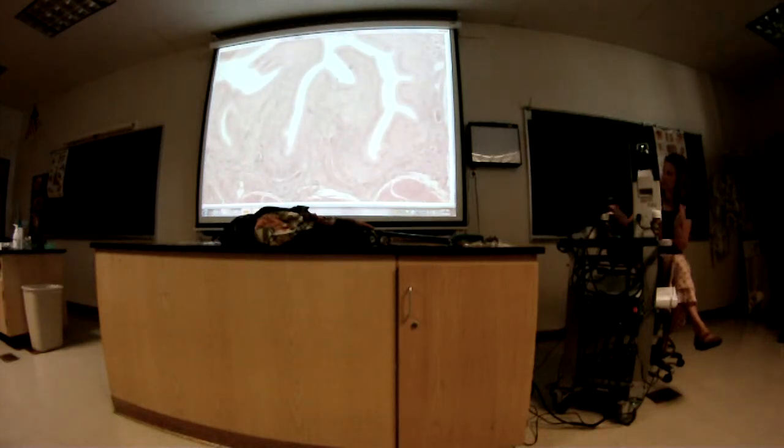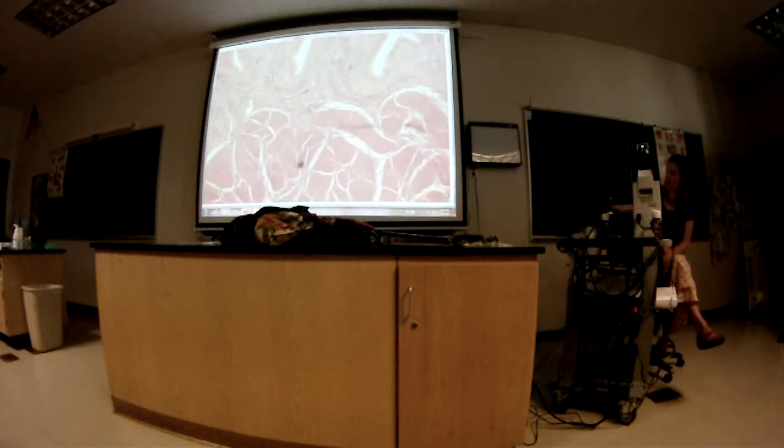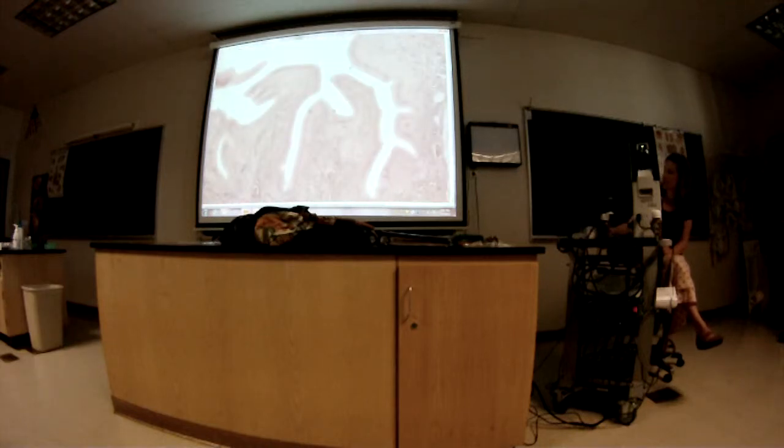Just like the detrusor muscle layer is a main layer, the mucosa is a main layer. The mucosa or mucous membrane includes the epithelial lining plus the lamina propria. We're not distinguishing between lamina propria and submucosa there.